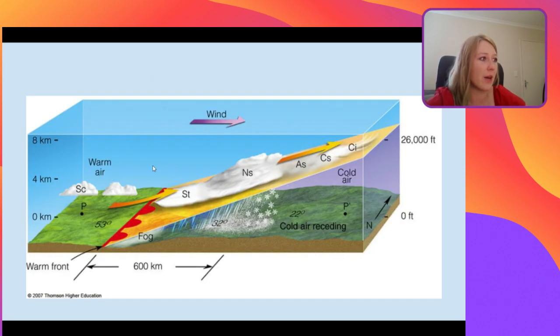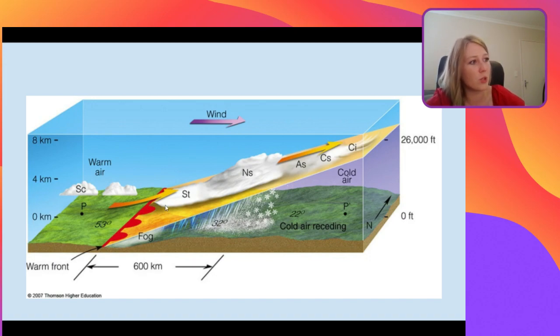This is a lovely diagram that shows what I mean. Here you see you have this gentle slope up. That is the warm front. So over here we have cold air that's being pushed back, the warm air that is slowly crawling over that cold air mass.